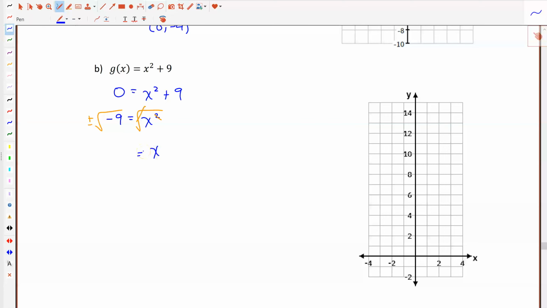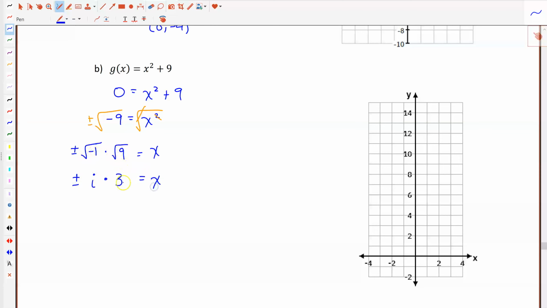And then over here on the left-hand side, to clean this up, just as a reminder, how do we clean up the square root of negative 9? We think about it as two pieces. I think about what's going on with that negative, which I'm just going to attach to the number 1, and then what's happening to the number part. So the square root of negative 1 is i, and then the square root of 9 is 3.